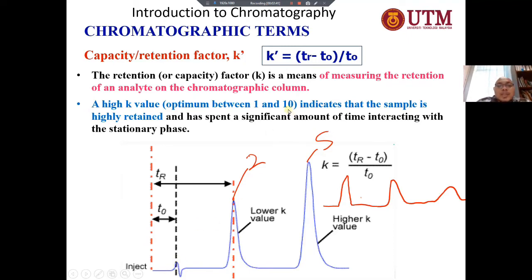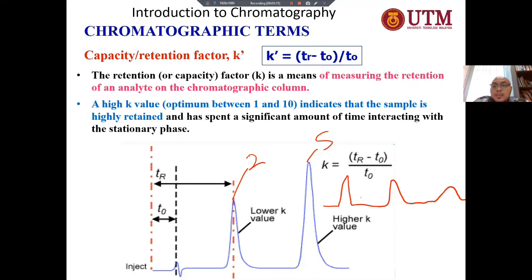Again, for measuring the retention factor, it is the retention time of the peak minus the retention time of the unretained compound, divided by the retention time of the dead volume. That is what we call the retention factor.